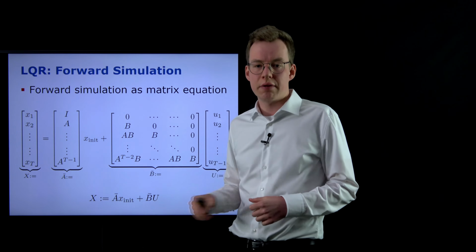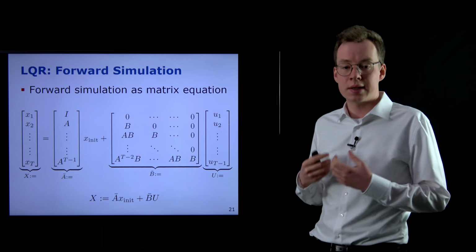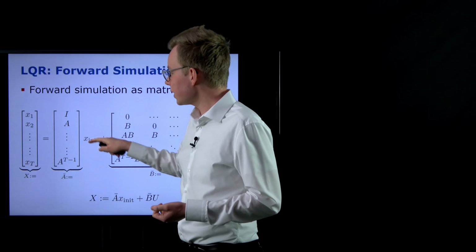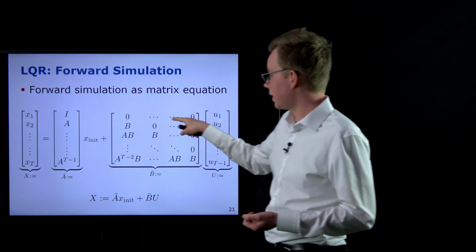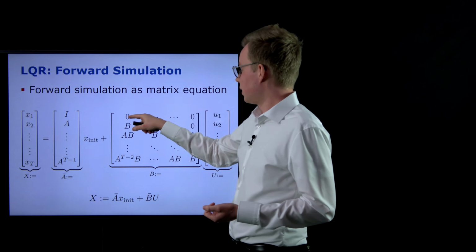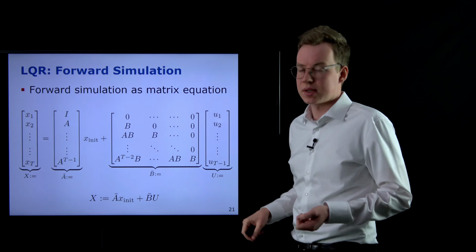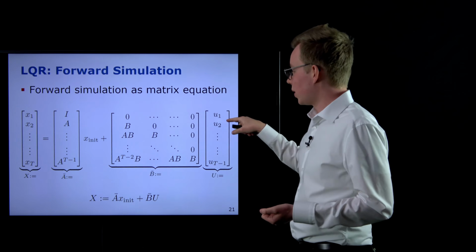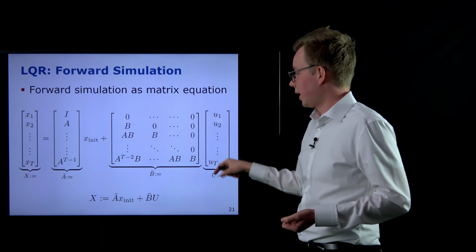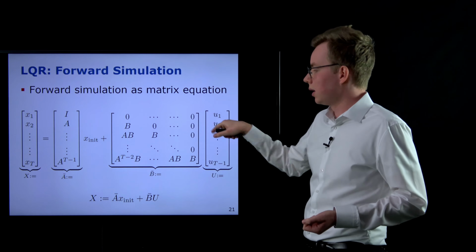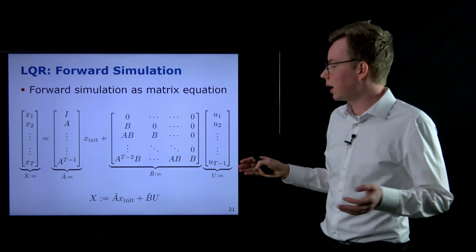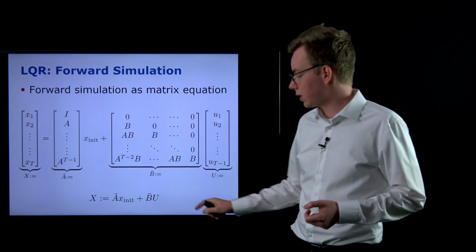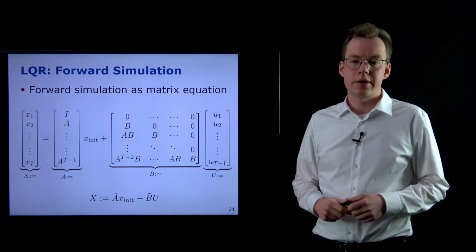You can convince yourself that this matrix expression is exactly doing the same thing as on the previous slide. For example, x1 is just the identity matrix times x init, and these entries are all 0, so no input is applied. Then x2 is just A times the initial state plus B times u1, and all the other U's get multiplied with zeros here. With this matrix equation at hand, we can write the entire forward simulation as this compact matrix expression.